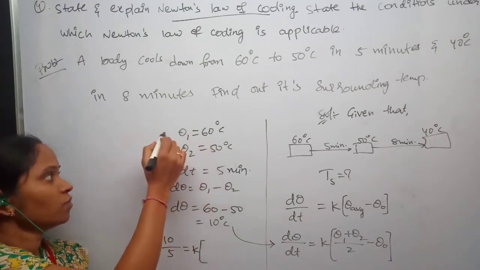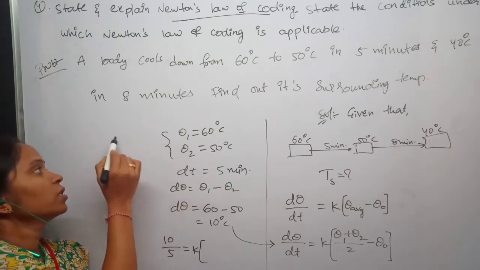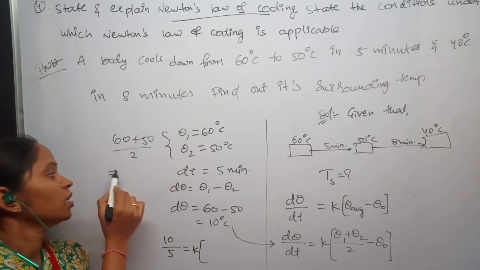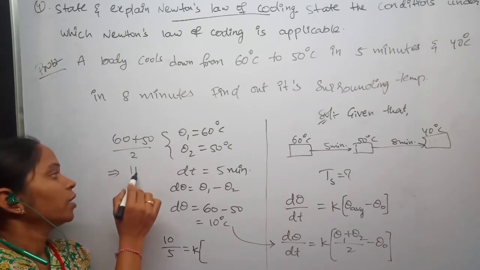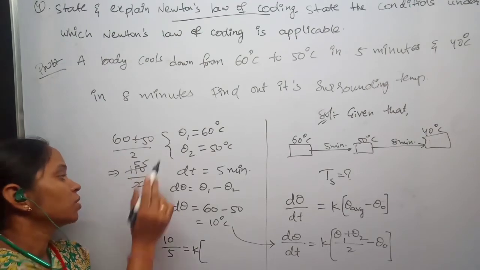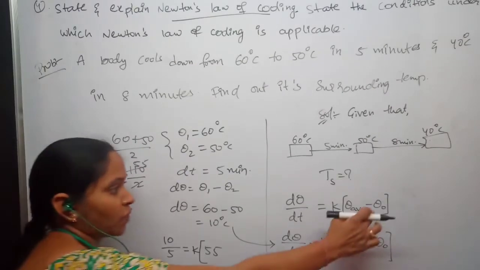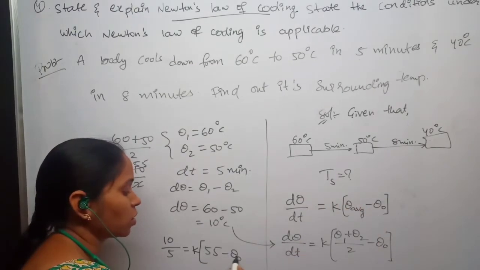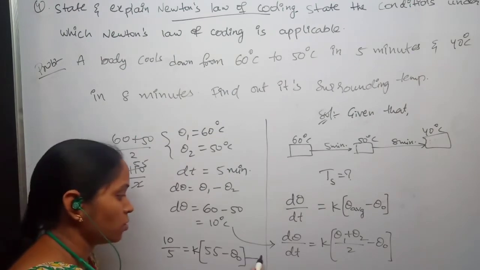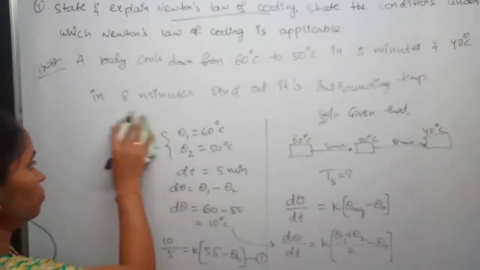The average of these two, theta 1 plus theta 2 by 2, is 60 plus 50 by 2, which is 110 by 2, which is 55. The average temperature minus theta naught, the surrounding temperature, we have to find out. This is equation number 1.